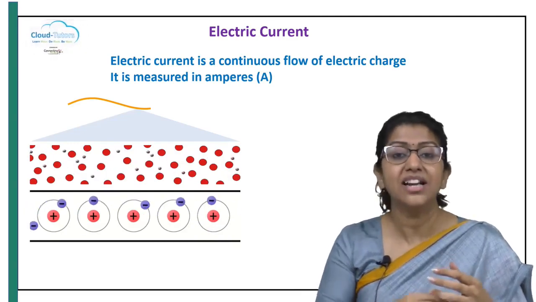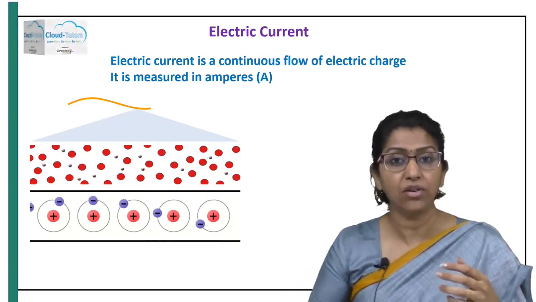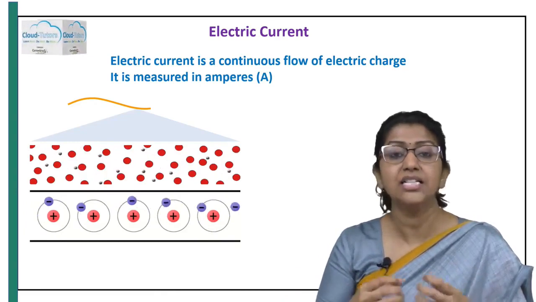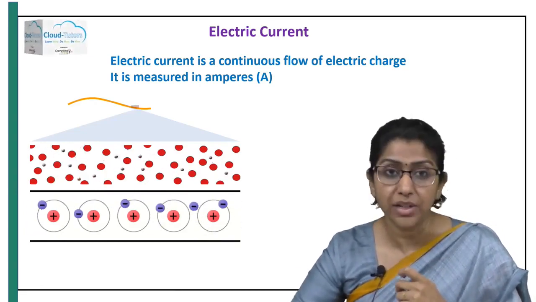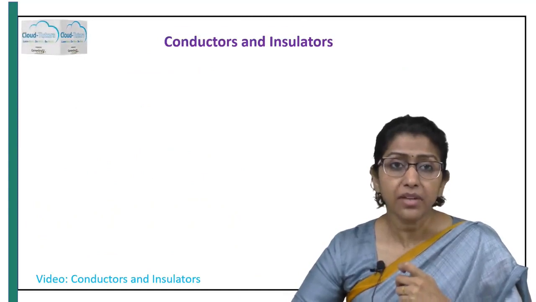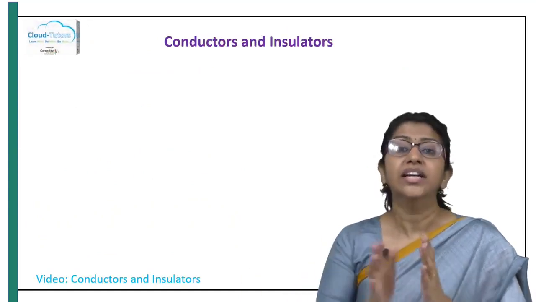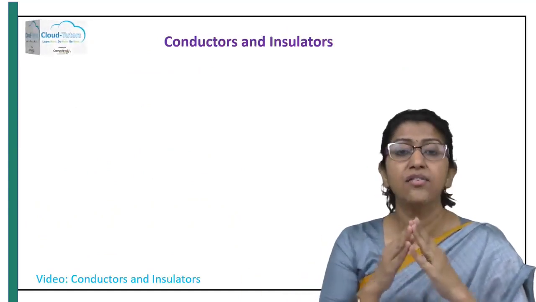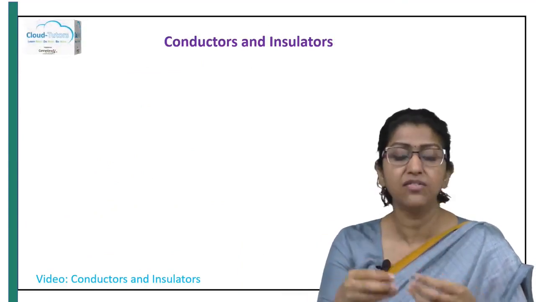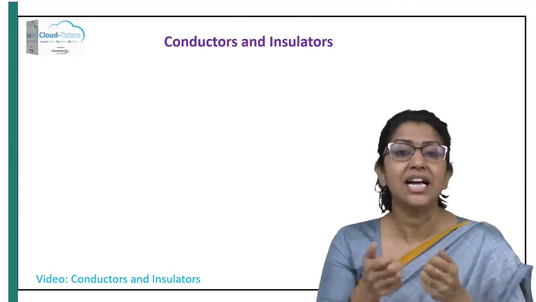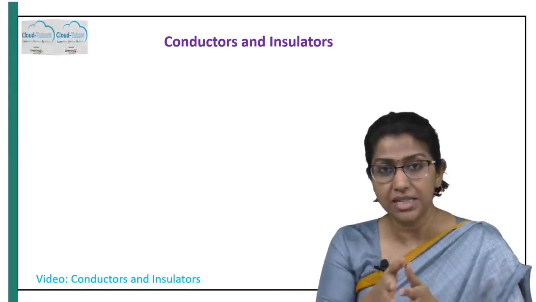This rate of flow of electrons through a conductor is called electric current, and it is measured in amperes. Now what are conductors and insulators? For this, we will look at a small demonstration in a few minutes. Before that, let's understand what is a conductor and what is an insulator.